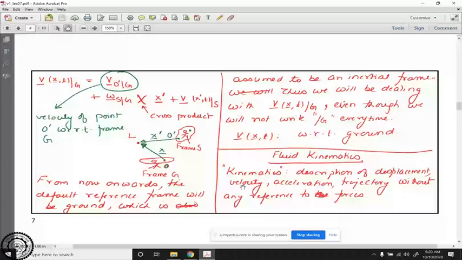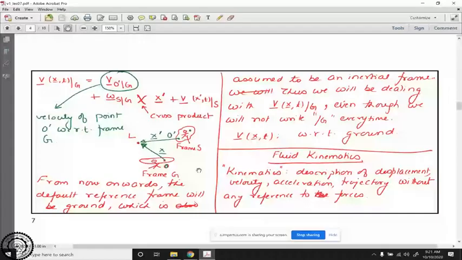So now we will get to the next topic, which is fluid kinematics. And as you know, kinematics is the description of displacement, velocity, acceleration, trajectory without any reference to forces. For maybe the next three, four lectures, we will not make any reference to forces. We will just learn more about kinematics, and what is the significance of velocity or velocity gradient, such quantities in the context of fluid mechanics.